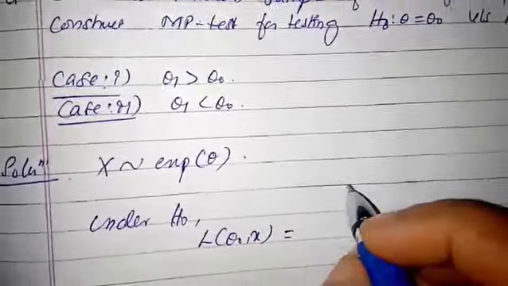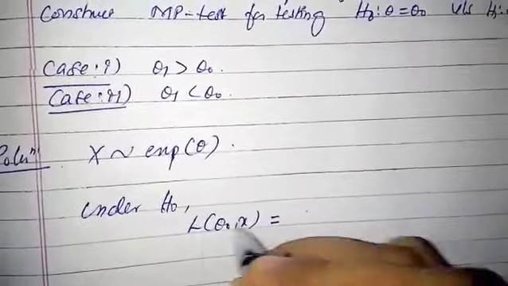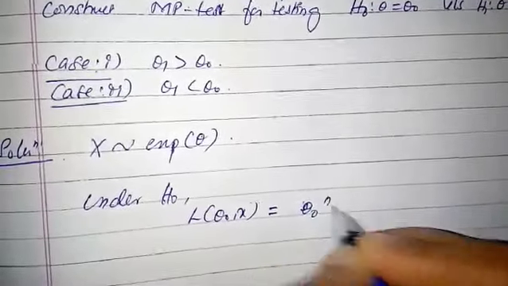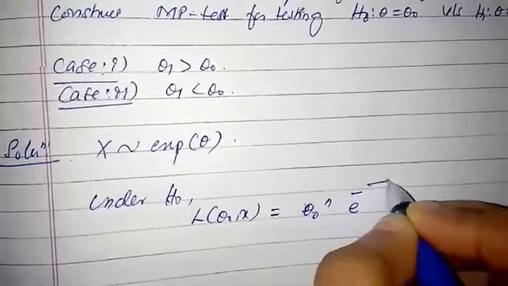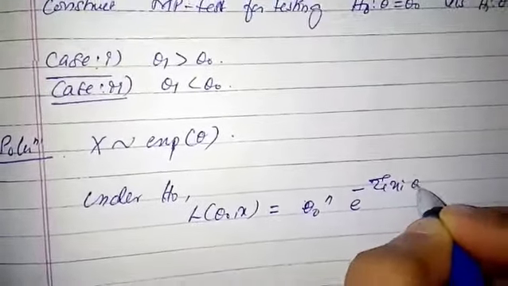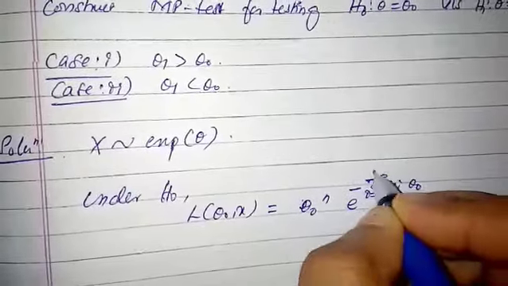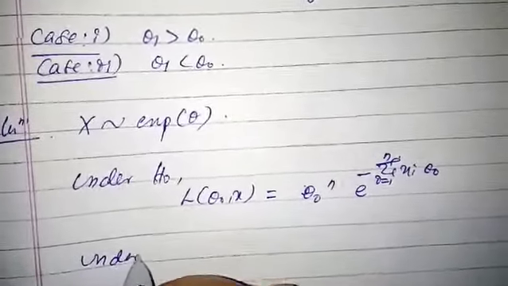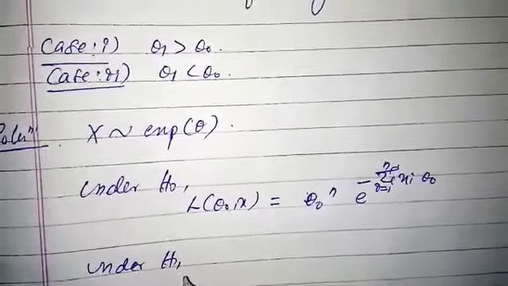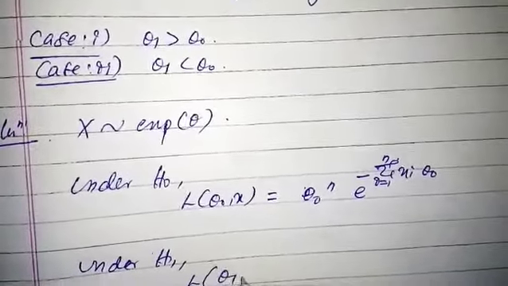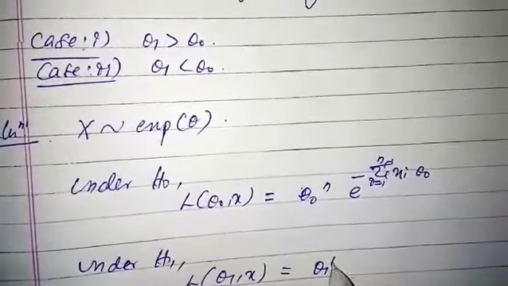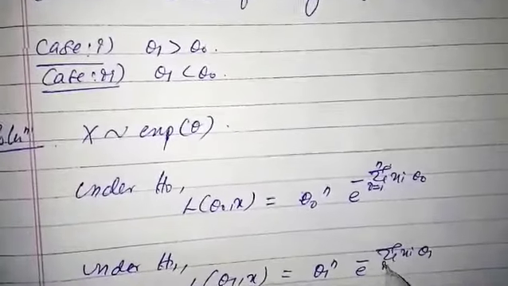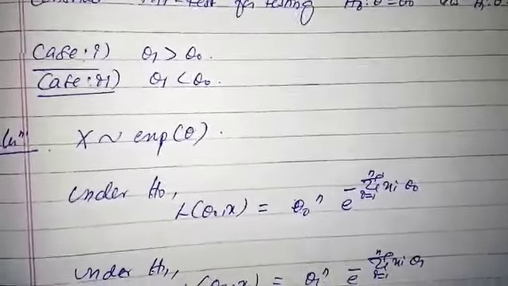Under H0 the likelihood function is L(theta naught; x) equal to theta naught power n, e power minus summation xi into theta naught, right? Here i from 1 to n. And under H1 the likelihood function, that is L(theta 1; x) equal to theta 1 power n, e power minus summation xi theta 1, right? i from 1 to n.